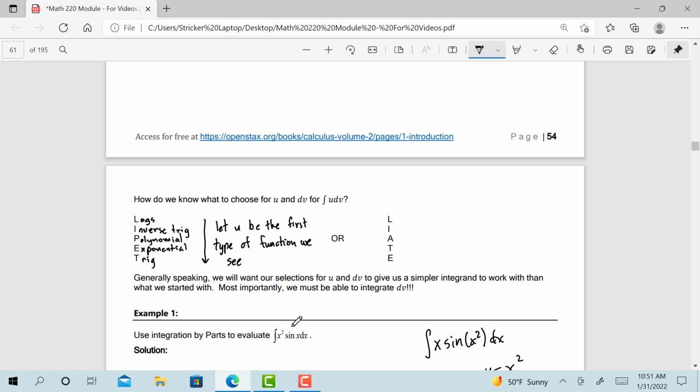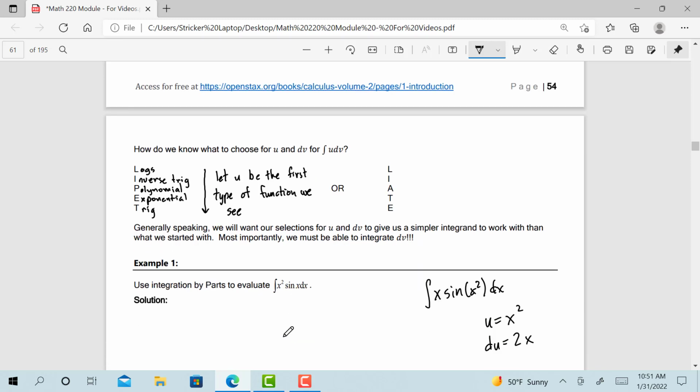For example, in example 1, x squared is a polynomial, and sine x is a trig function. Which one comes first on our mnemonic? Polynomial comes before trig, so we would let u equal x squared, and we'd let dv equal sine x dx.